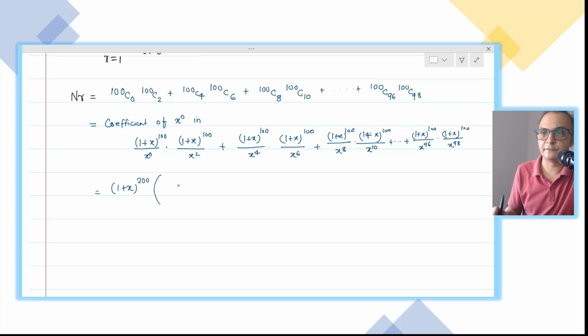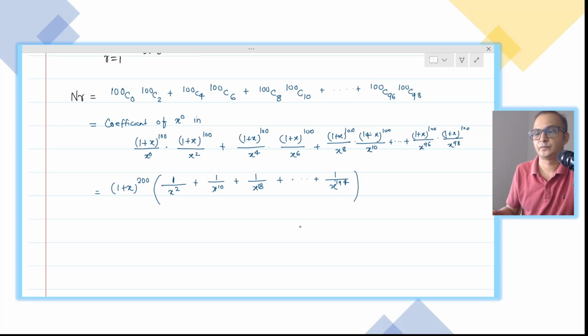And then I am left with the first term as x^2, the second term will be x^10, the third term will be x^18 in the denominator, all of them, and so on. I have 1 by x^194, I believe. Yes. Because I have taken 25 terms, there is no worry.